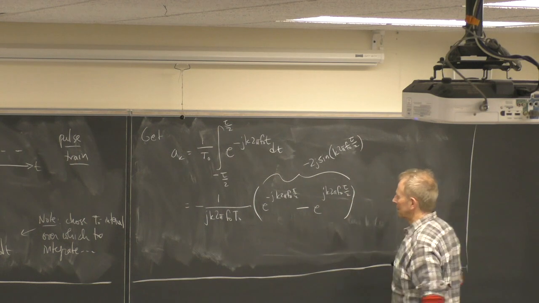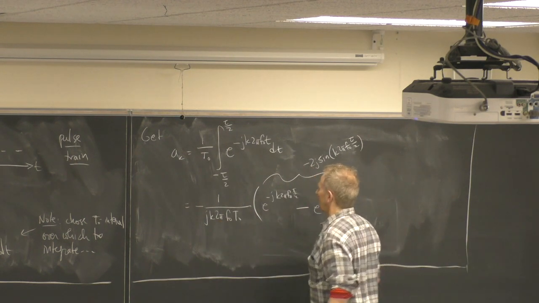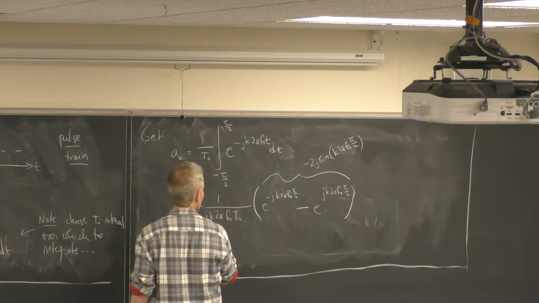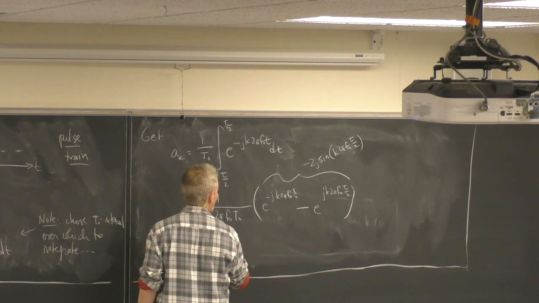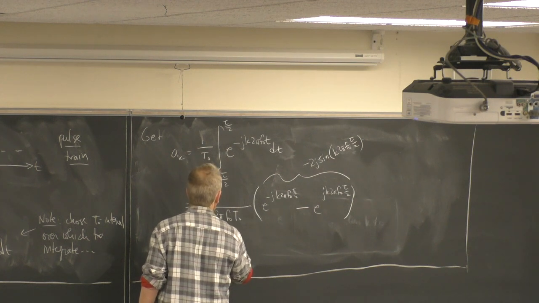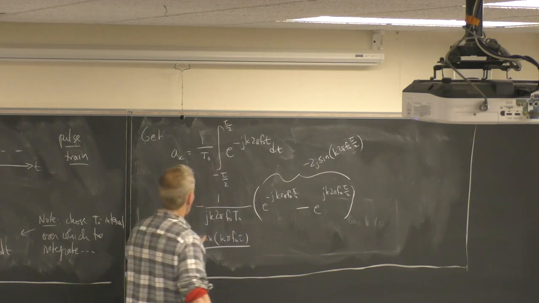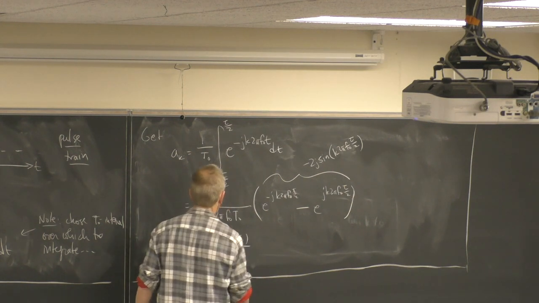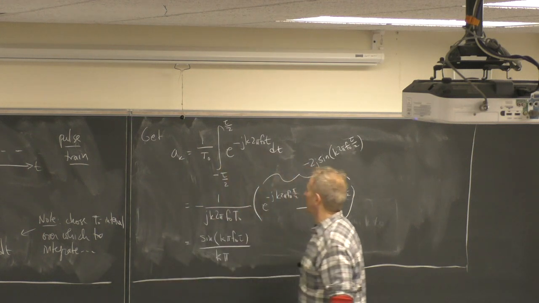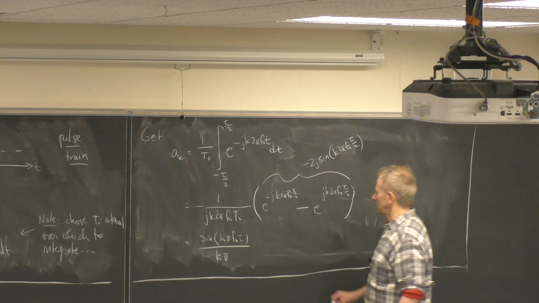The minus signs cancel. These 2's cancel. And the bottom line is you get sine of k pi f0 tau divided by k pi. And that's for all k not equal to 0.